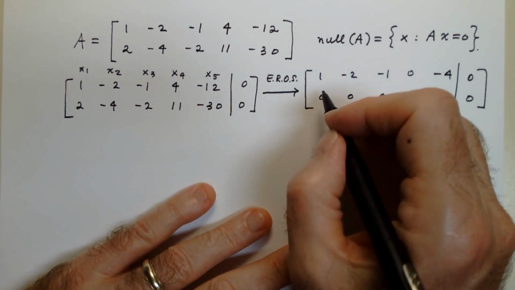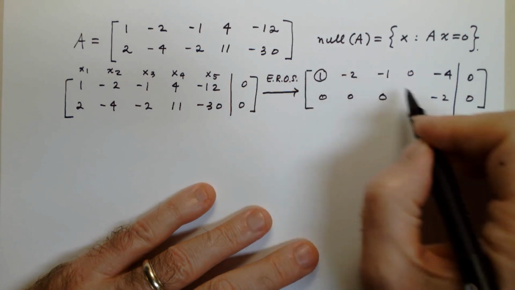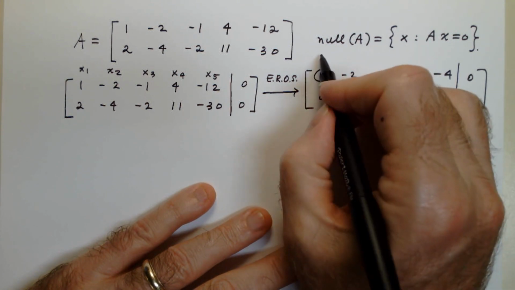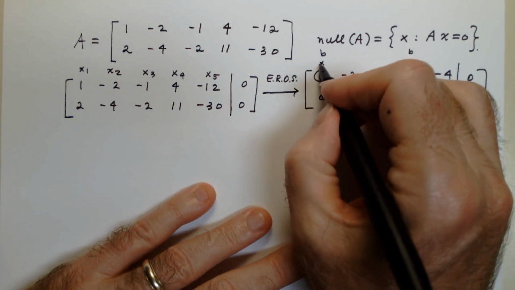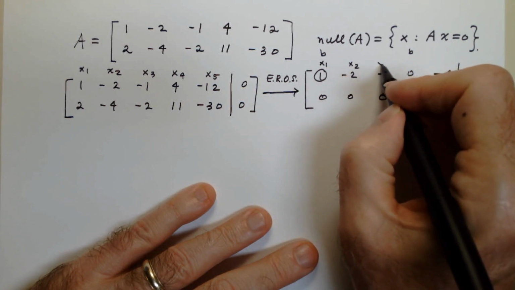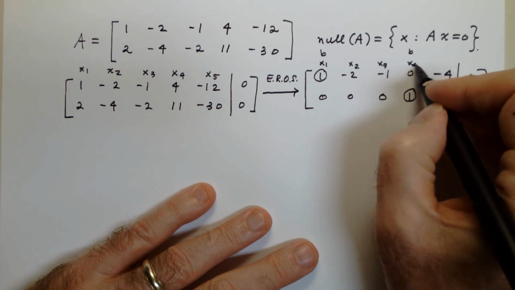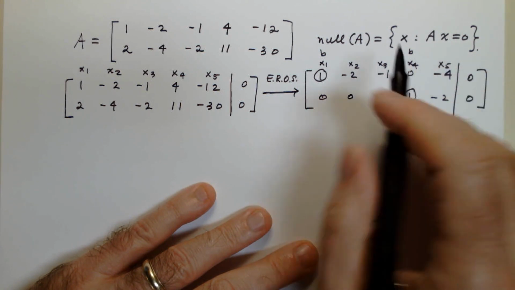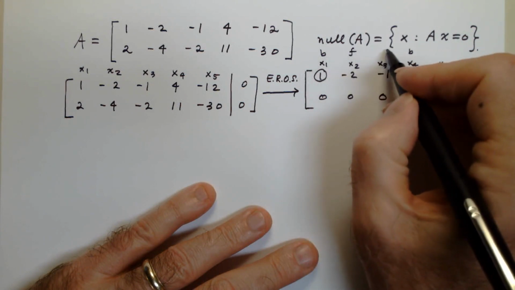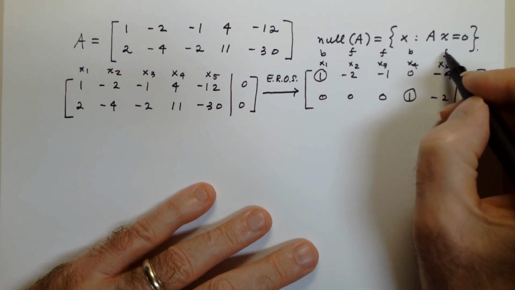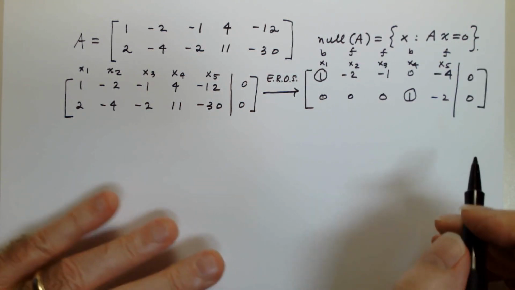So we have 2 leading entries, 2 leading ones, here and here, and those are going to correspond to bound variables. That would be x1, x2, x3, x4, x5. So we're going to have bound variables in x1 and x4, and x2, x3, and x5 will be free variables.